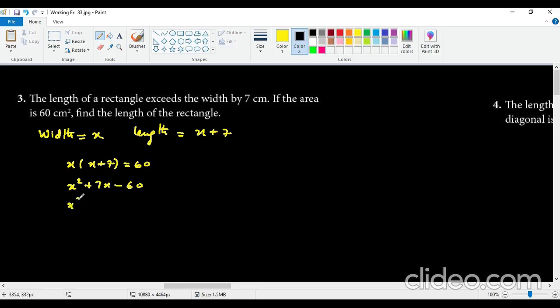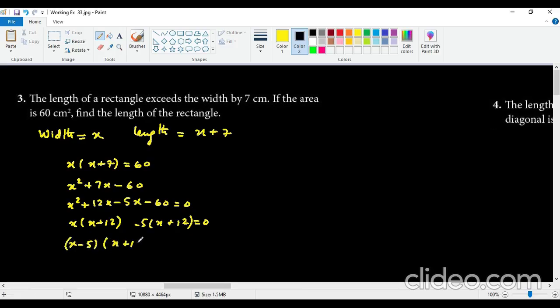So x squared plus 12x minus 5x minus 60. This way it can be written, and x is common in the first and second. Copy down as it is, no change, and minus 5 will be written here. So x minus 5 is going to be one factor, and x plus 12 is going to be another factor.